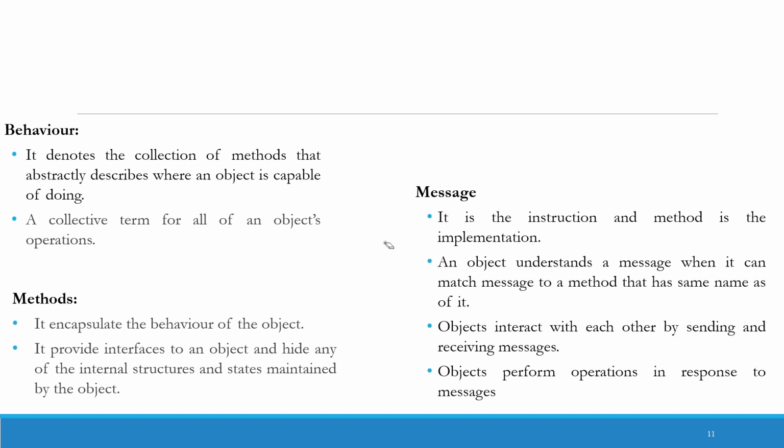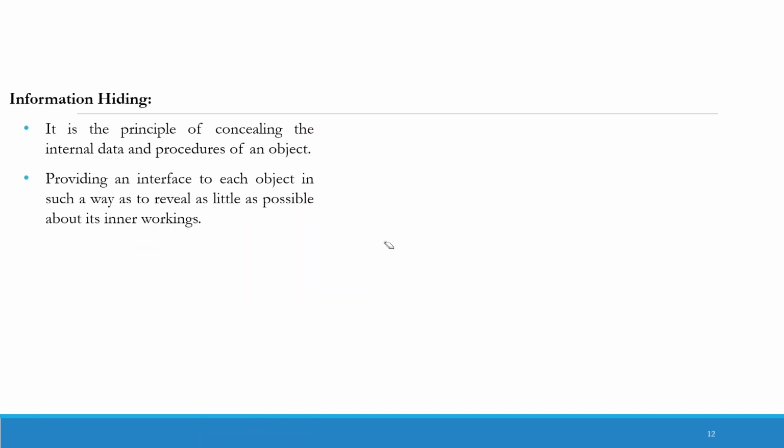So here we have information hiding. Information hiding is the principle of concealing or hiding the internal structure, or the internal data and procedures, of an object. Or information hiding means providing an interface to each object in such a way as to reveal as little as possible about its inner workings.